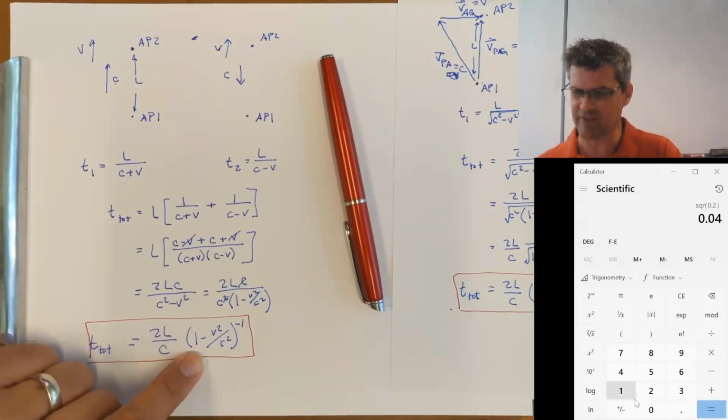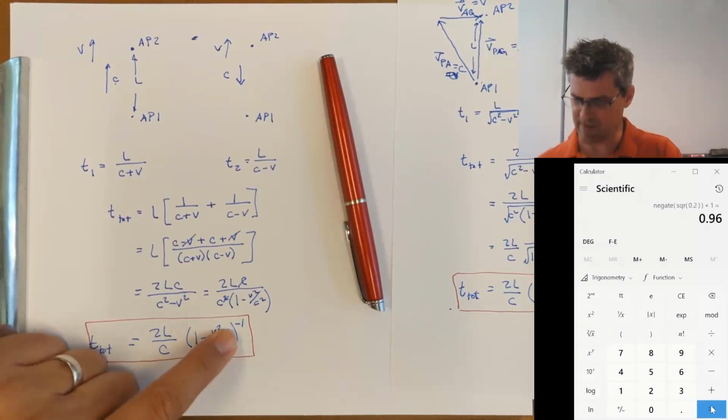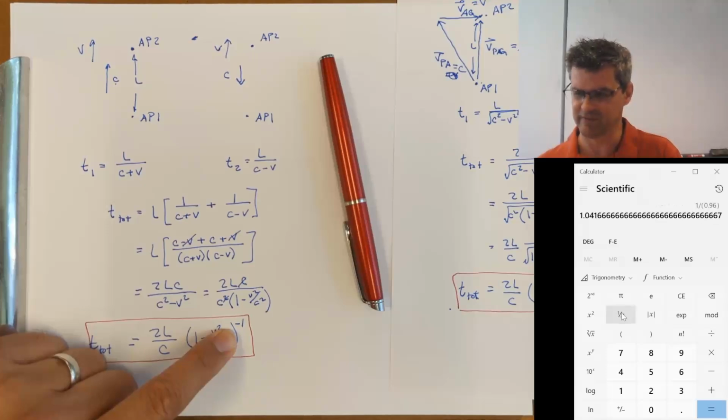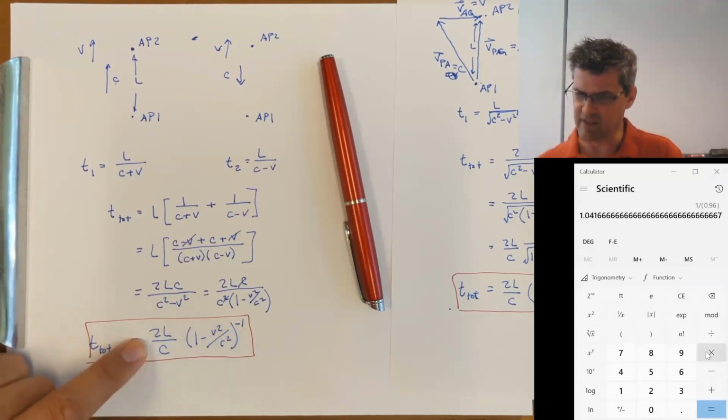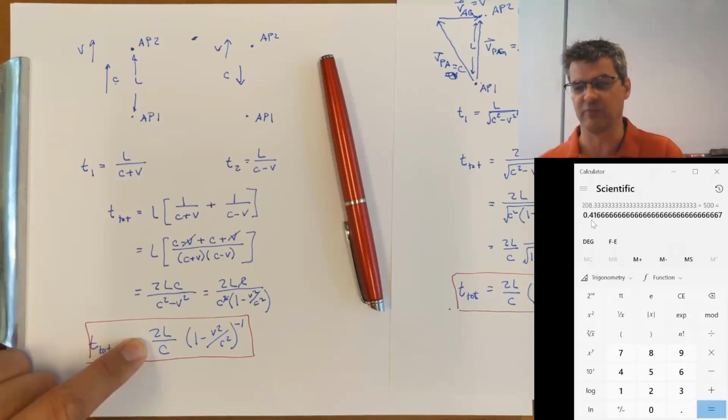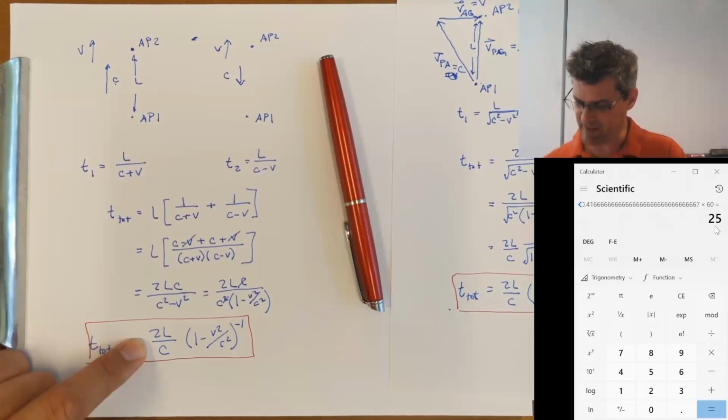It's going to be subtracted from 1. But this is to the minus 1 power, so it just gets flipped over. Now this is going to be multiplied by 2, multiplied by L, and divided by C. This is 0.417. Different number than before. Let's turn this into minutes. 25 minutes.